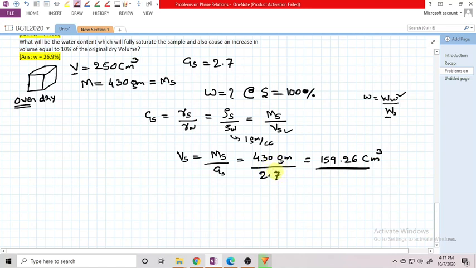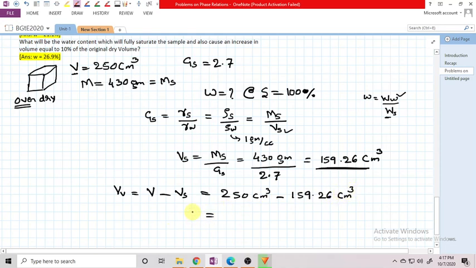Volume of solids I got. Now I know the total volume, so I can find out the volume of voids. Volume of voids equal to total volume minus volume of solids. What is the total volume? 250 cm cube minus 159.26 cm cube.